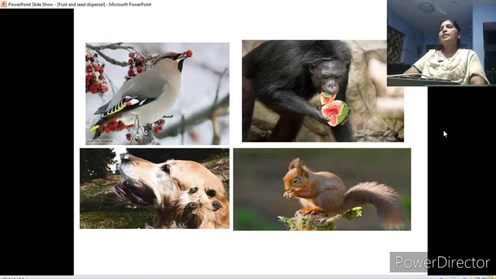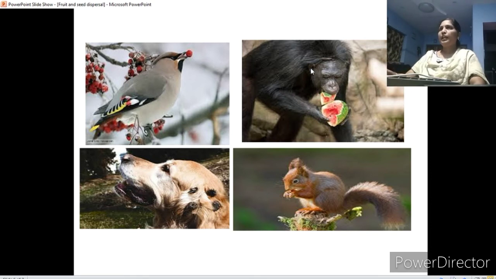And some seeds get dispersed by animals. How the animals help in the dispersion process: you all know the birds. Most birds eat fruits. So when they are eating, some seeds may fall down, and by holding them in their beak, they fly to different areas and drop those seeds there, so that the seeds get dispersed in various places.